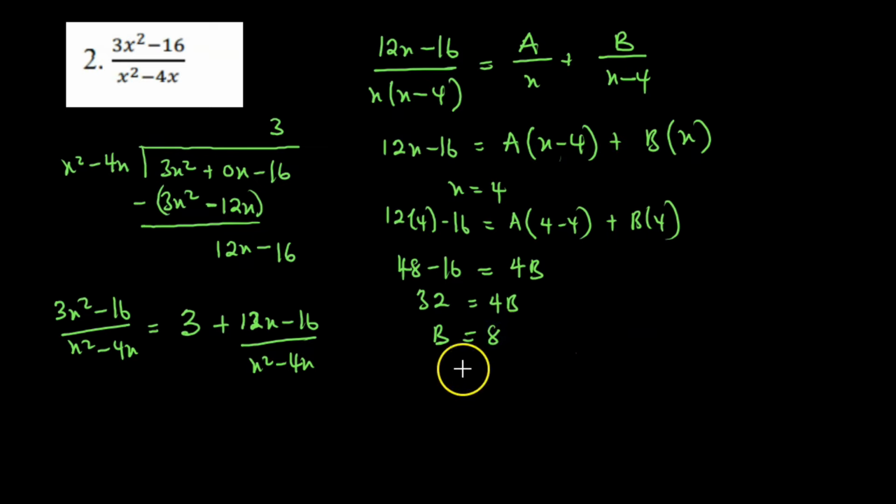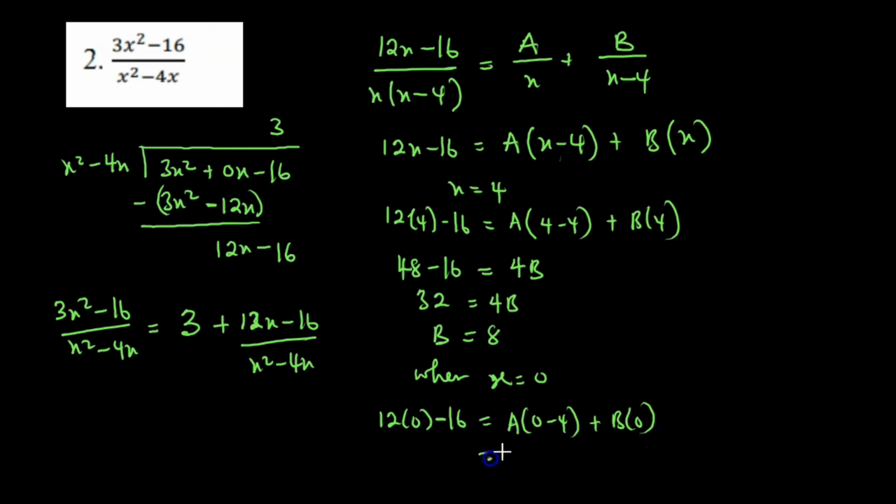B is 8. Now, with the same trial and error method, we can say that when x is equal to 0, we are going to end up getting 12 times 0 minus 16 equal to a into bracket 0 minus 4 plus b times 0.